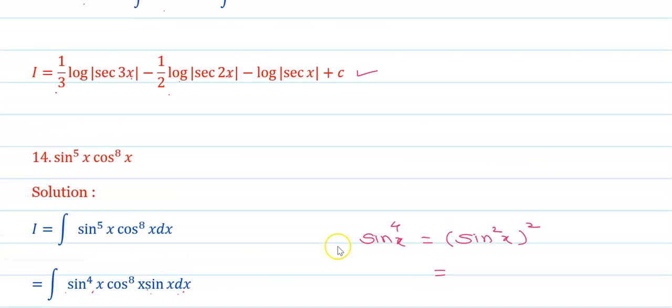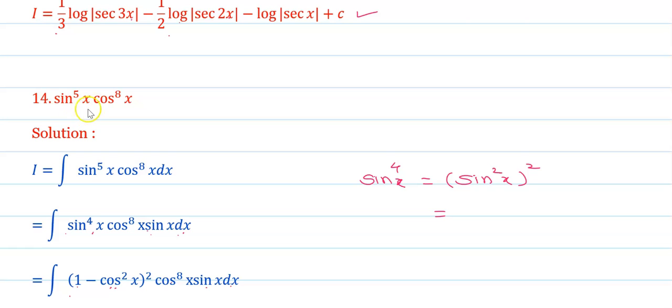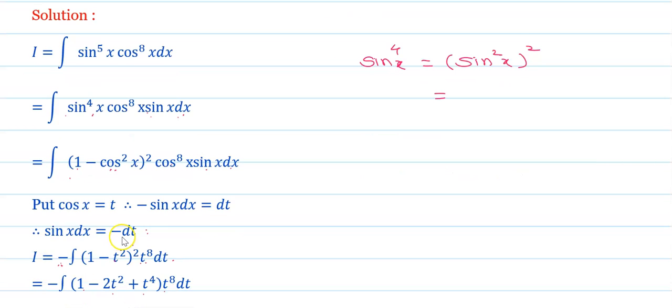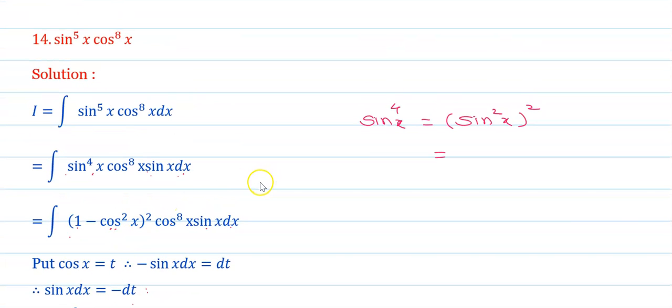The odd power is important here. If we take one sine outside, convert the expression in terms of cos, and substitute cos as t, then you will get the answer. You can see this.